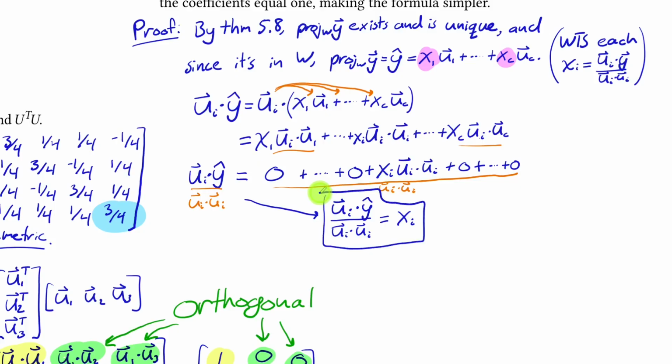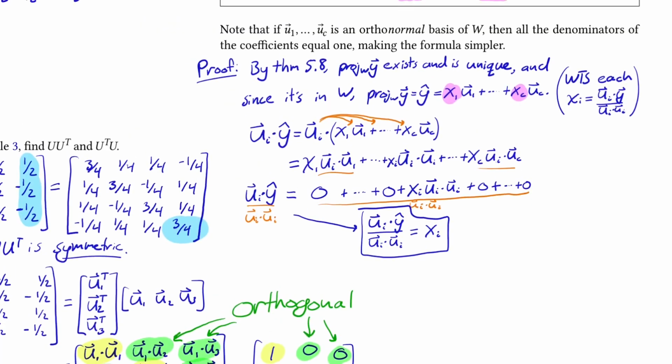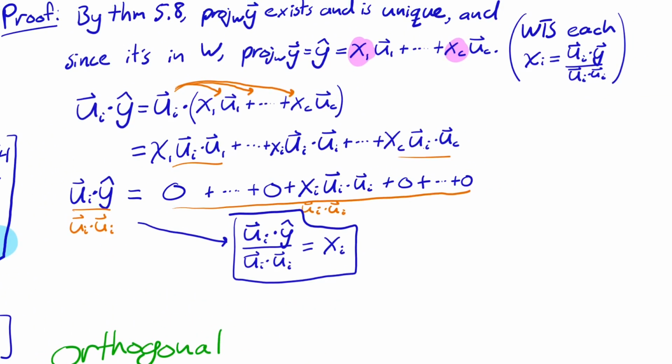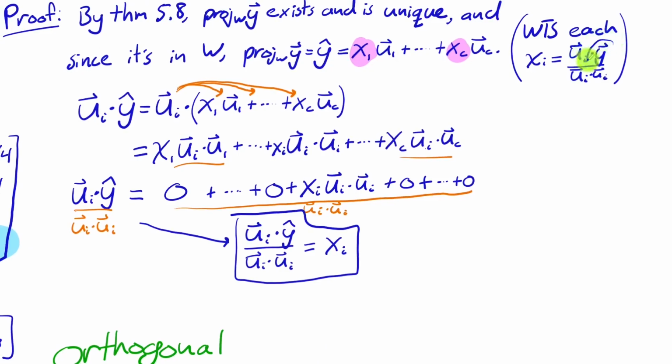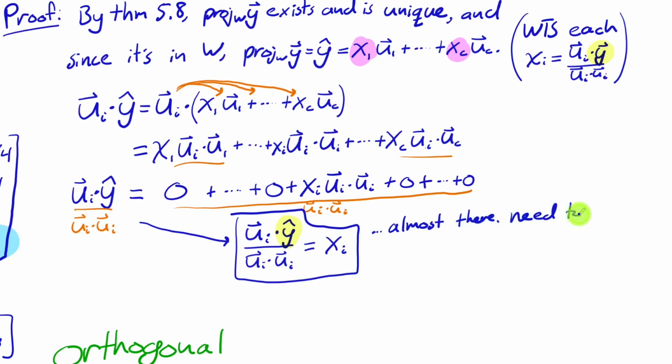Well, sort of. What we're trying to show is that ui dot y on the top over ui dot ui gives you xi. But this is not quite there yet. We just need to show that ui dot y is the same as ui dot y hat.